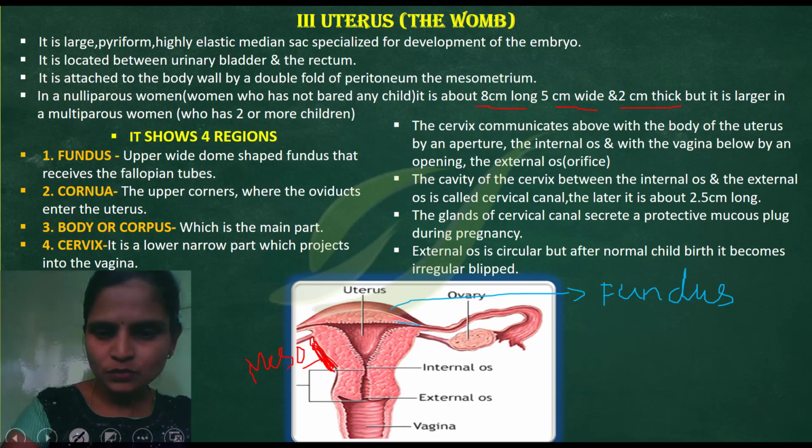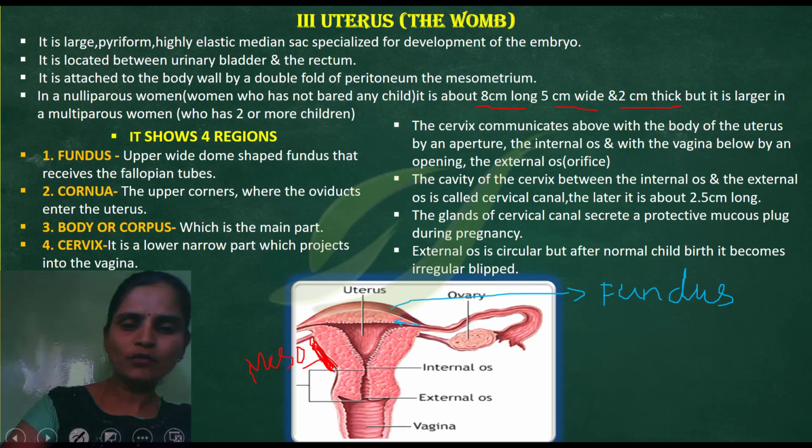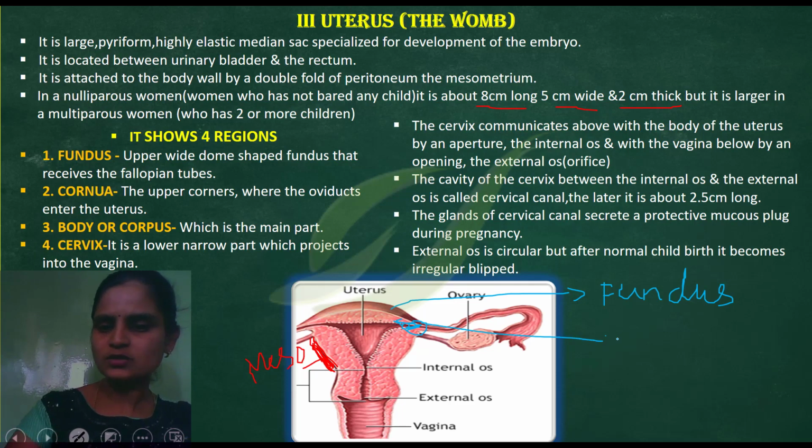Please remember, the fundus is receiving the fallopian tube. The next part is the cornua, the upper corners where the oviducts enter. At this particular spot the oviduct is entering, and this spot is called the cornua.